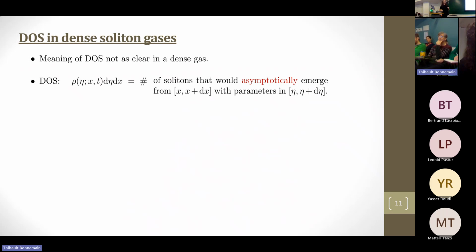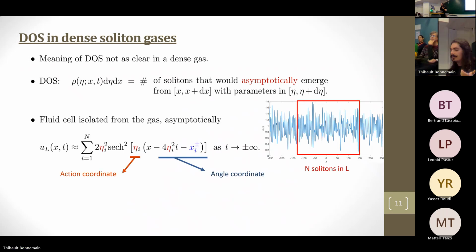And that gives you the density of states. So even in the dense gas, in fact, the best way to look at the soliton gas is through its asymptotic behavior, through its representation in terms of a train of well-separated solitons.